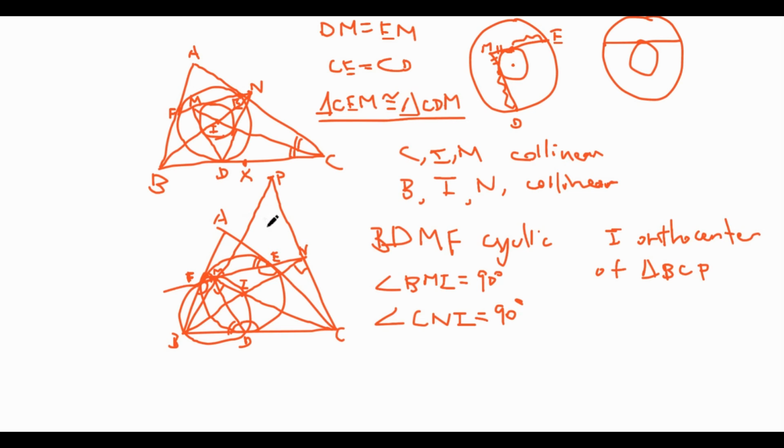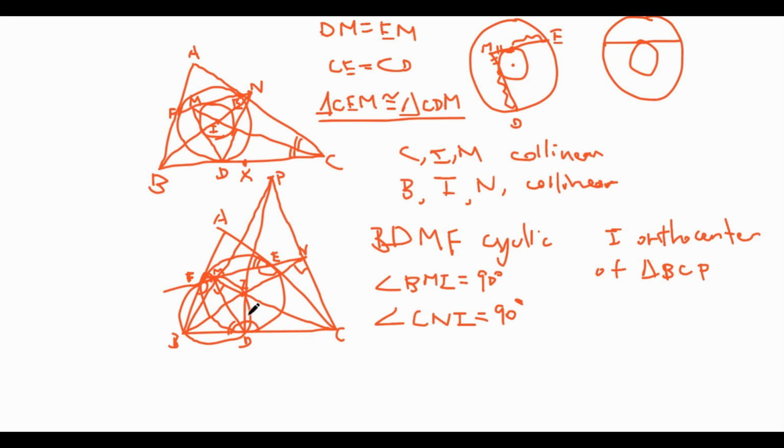And that's good because now we know, well, this diagram isn't very accurate, but since I is the orthocenter of BCP, then we know that the line PI is perpendicular to BC. And since ID is perpendicular to BC, we know that P, I, D also lie on a line.